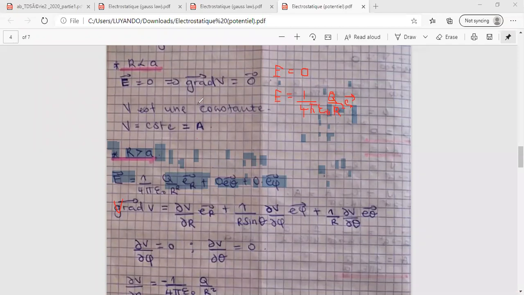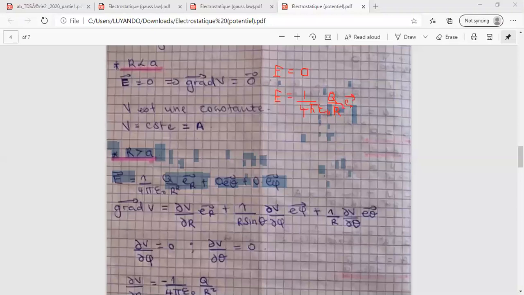So we're now going to introduce the gradient in spherical coordinates. Our expression for the gradient in spherical coordinates is equal to this. So from our E, our dV d theta and our dV d phi are equal to 0, because we have nothing in those directions. But our dV dr, we have something in that direction, which is what we're going to work on.